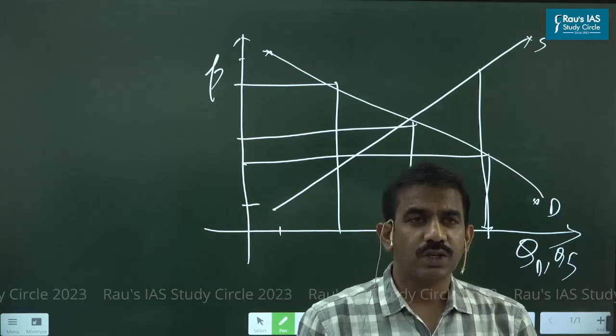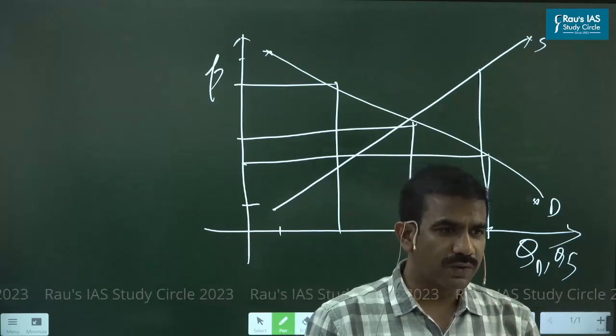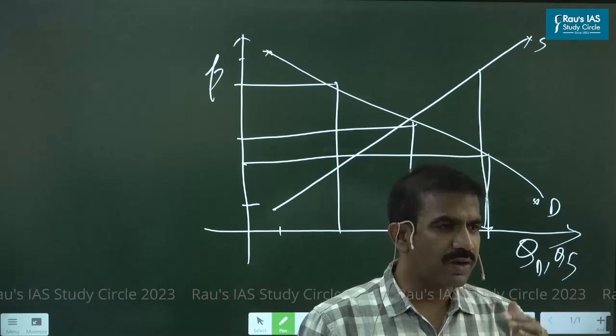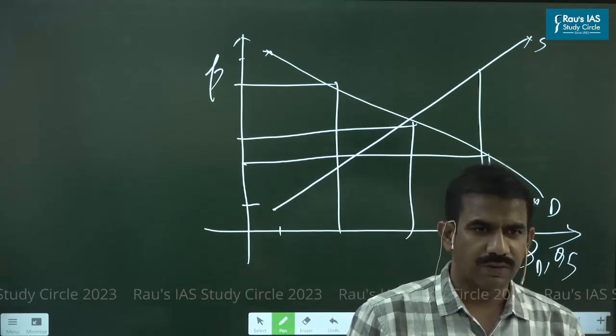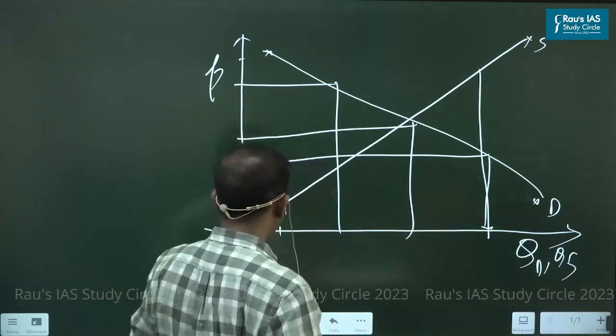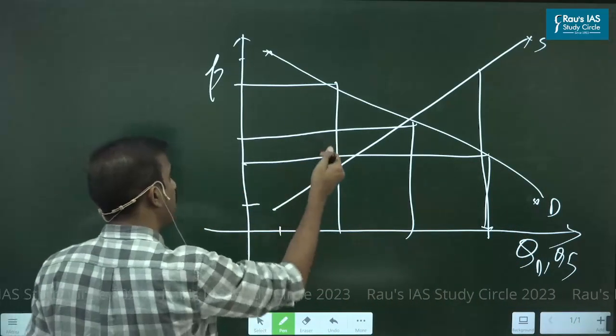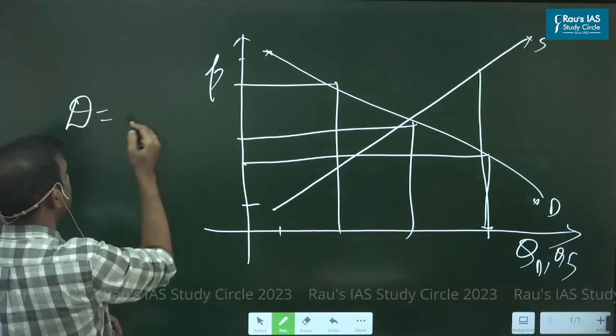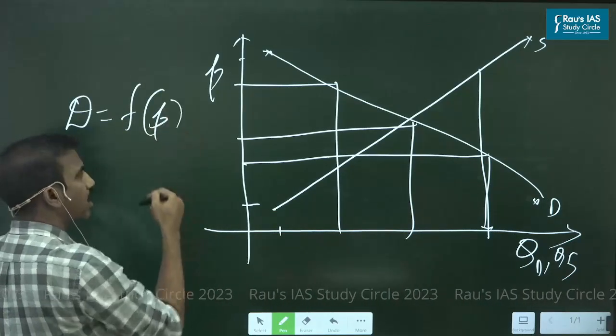So when I'm drawing a graph, do understand the logic behind how I'm drawing it. Got it? And when I say demand is a function of so and so, can I write the same graph as demand being a function of price, keeping all other things constant, right?